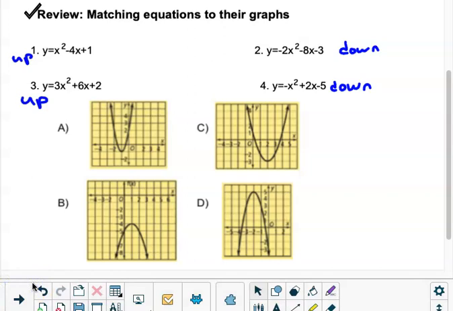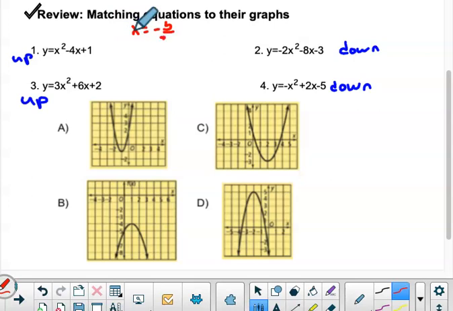I know that number 1 and number 3 have to be either A or C because those are the ones that open up. And then I know 2 and 4 have to be B and D because those are the ones that open down. So let's try to figure out just with axis of symmetry if that's enough to figure out what we need. Remember, axis of symmetry is negative B over 2A. So let's try that for some of these.